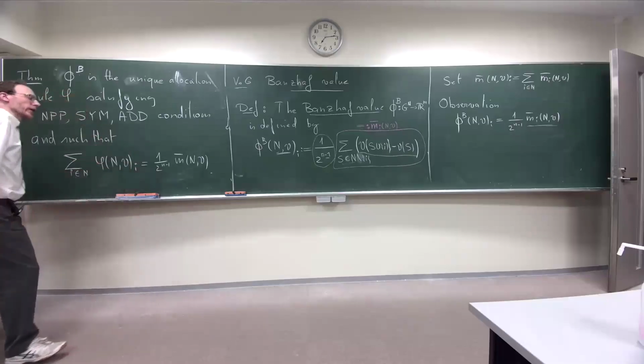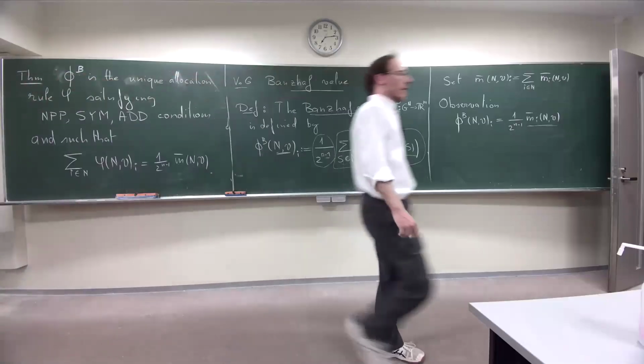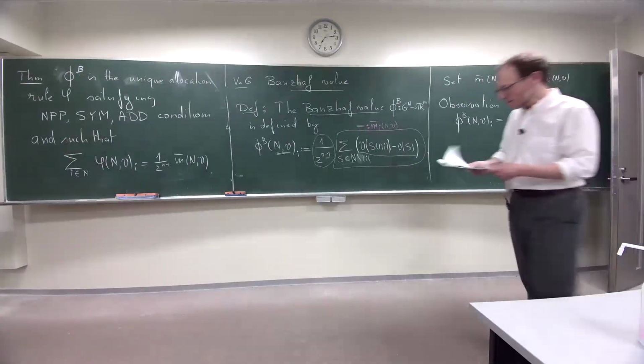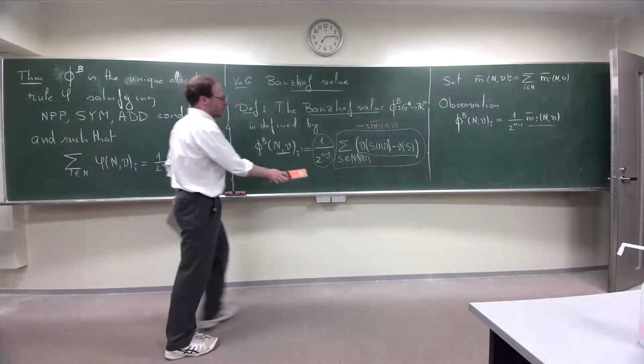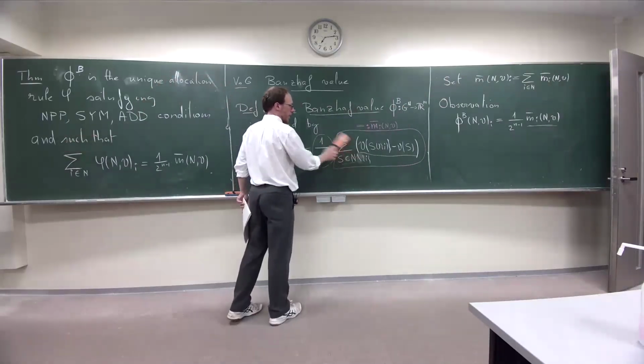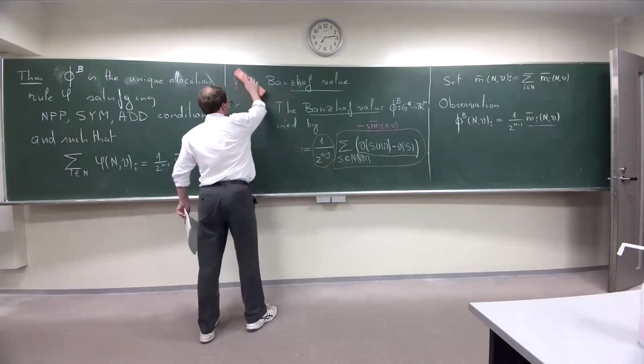However, there is a weak point for this value. The formula here is much simpler than the previous one, so this is a good point.